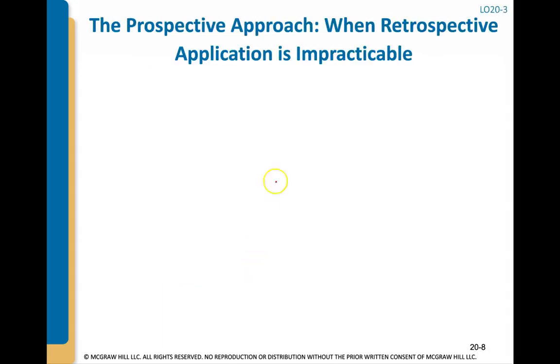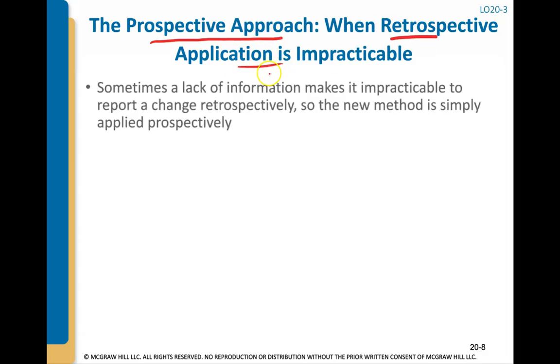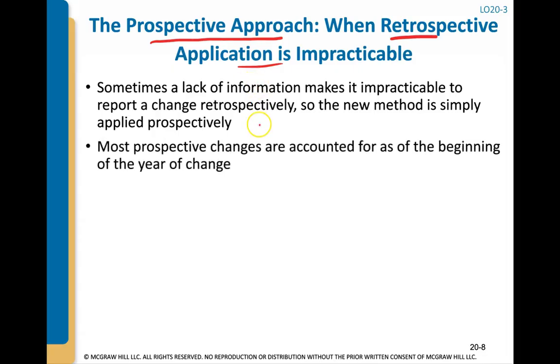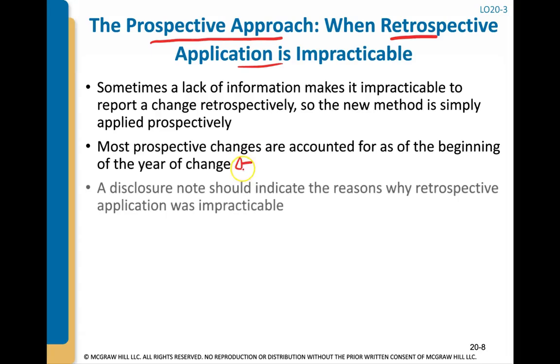Now, sometimes we also use the prospective approach when the retrospective application is not possible. That can happen because a lack of information makes it not practical to report a change retrospectively. So the new method is applied prospectively, as of the beginning of the year of change.